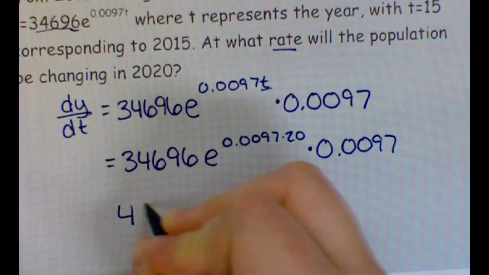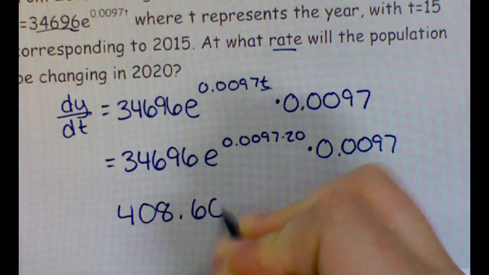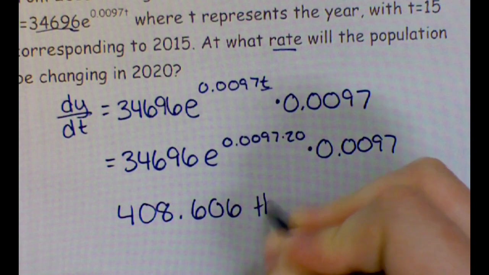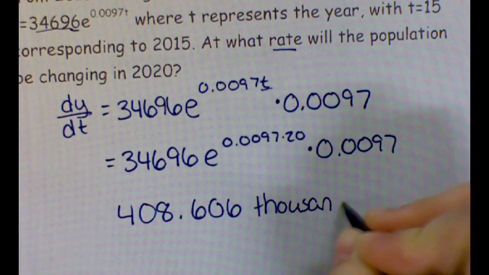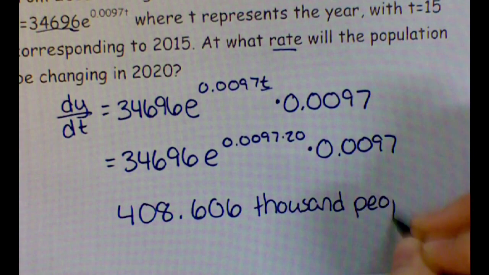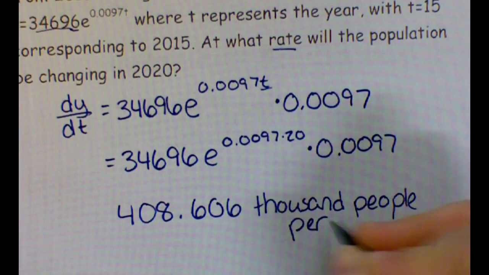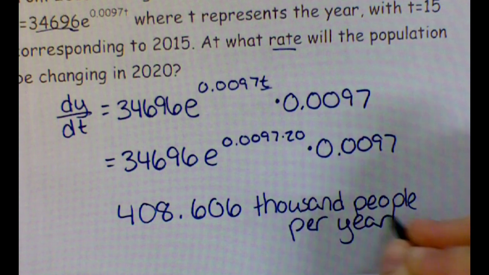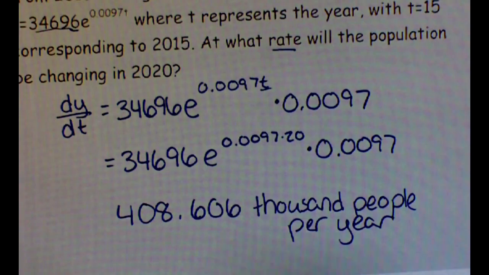The answer is about 408.606 thousand people per year. It's growing 408,000 people per year.